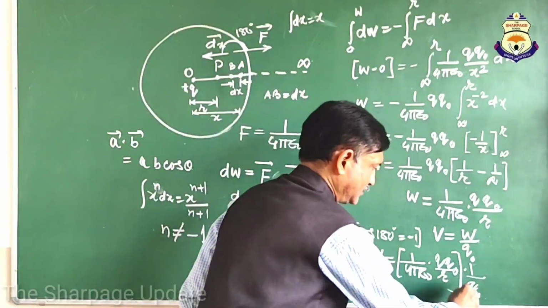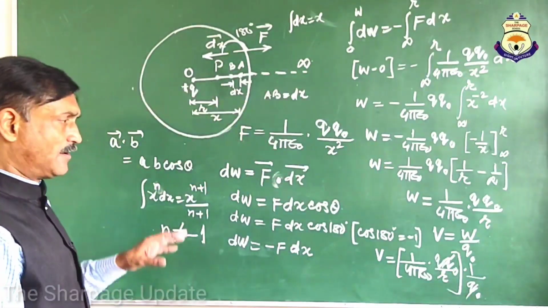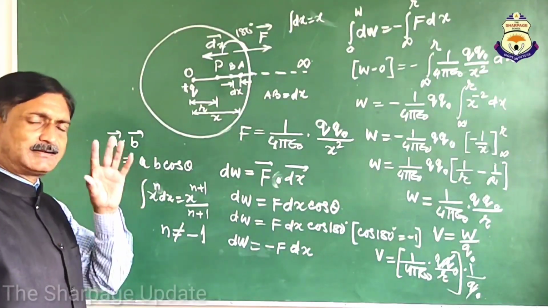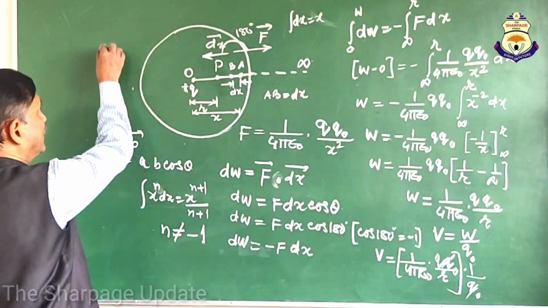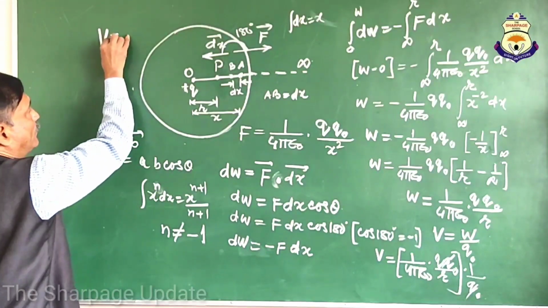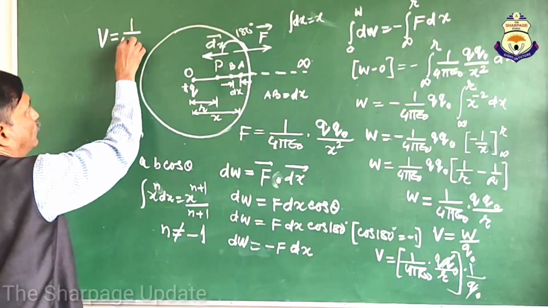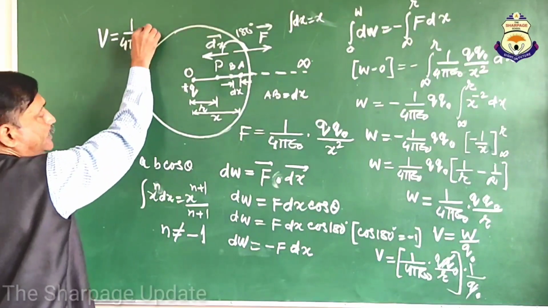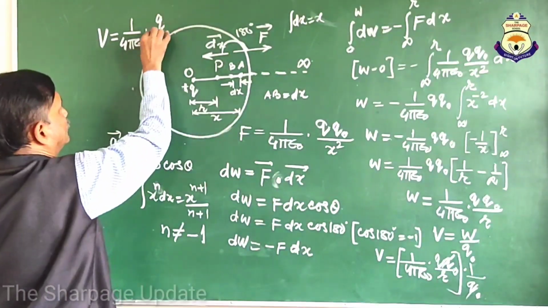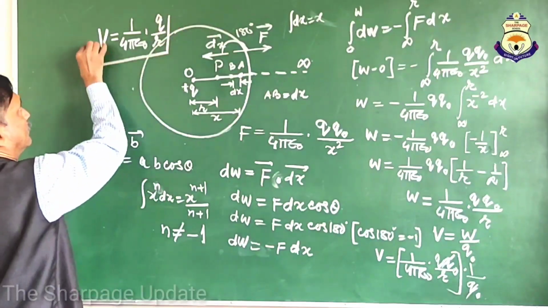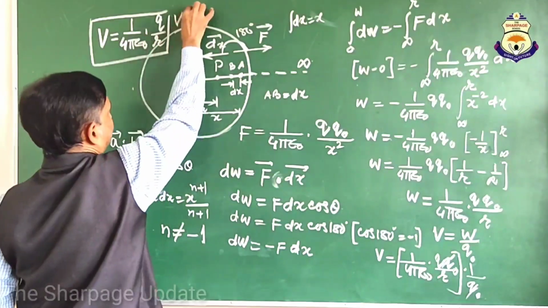Now by cancelling q0 with this q0, finally we get the expression for the electric potential as V equal to 1 upon 4 pi epsilon 0 into Q upon R volt.